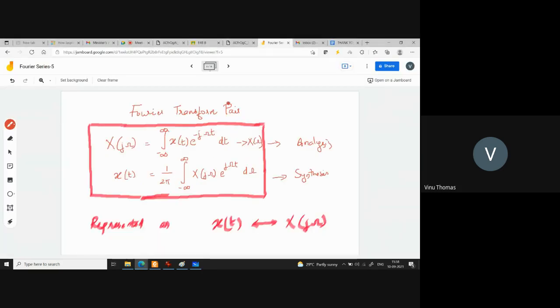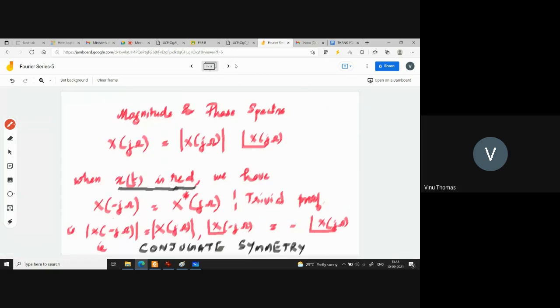Now we'll move on to the magnitude and phase spectra of the Fourier transform. So X of j omega you can write as modulus of X of j omega times angle of X of j omega. Now it's easy to prove, and the proof is very trivial, so I'm not going to prove it here. It's very similar to how you prove the corresponding property for Fourier series.